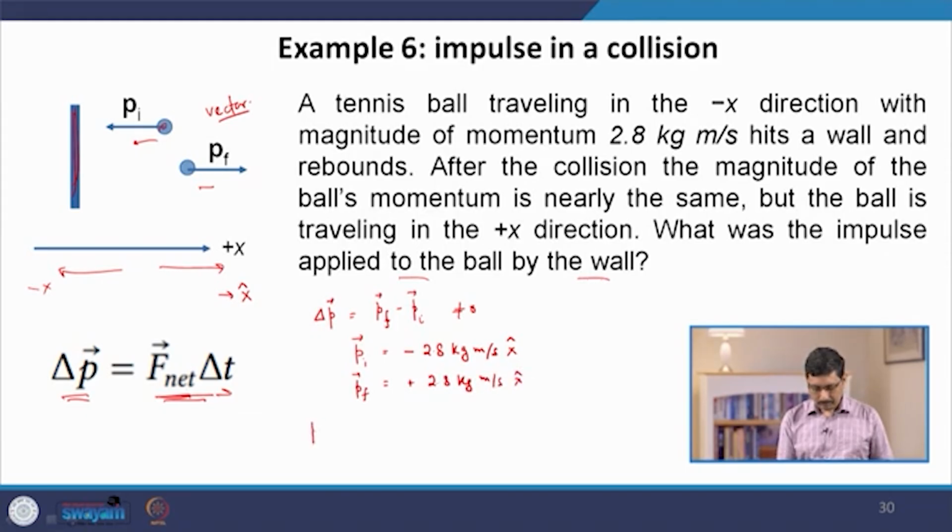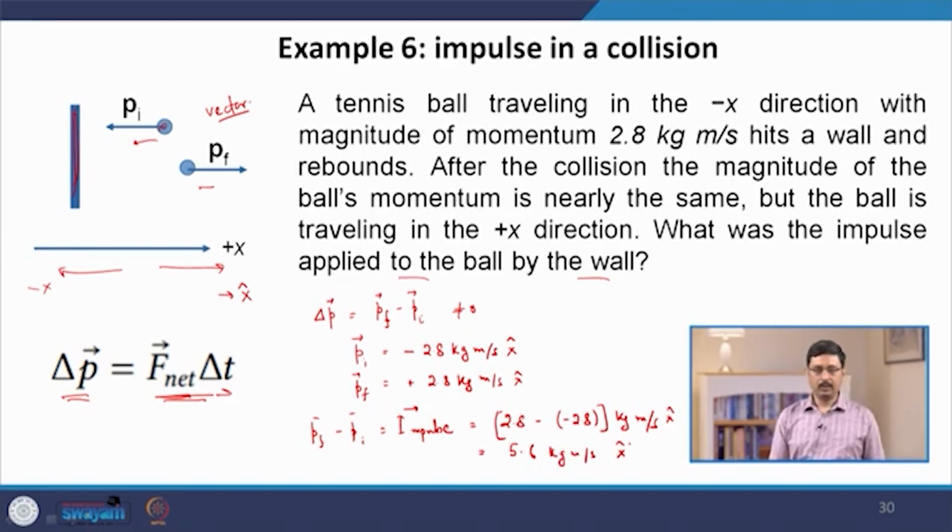So, then Pf minus Pi, which is the required impulse, is 2.8 minus minus 2.8 kg meter per second, which is equal to 5.6 kg meter per second in the positive x direction. So, the direction of the force by the wall on the ball is in this direction.